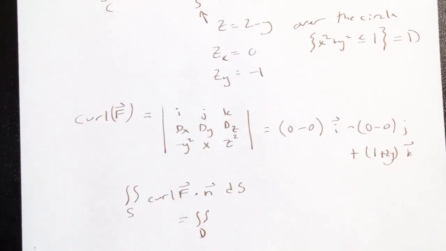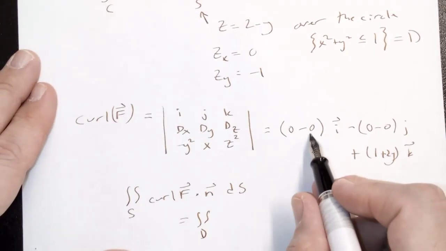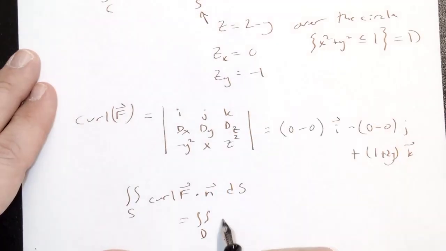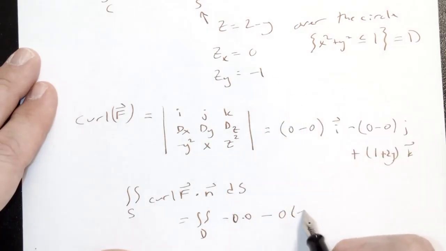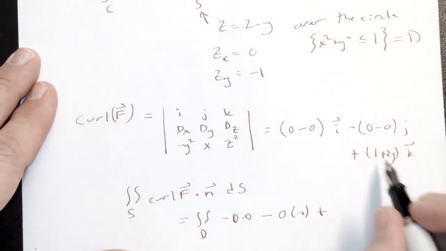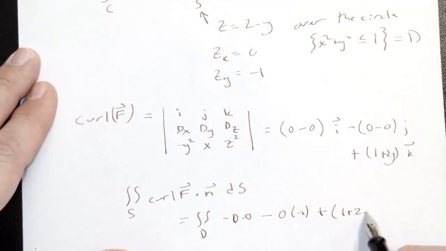And now I use that formula we just wrote down with the star on it. P times Zx. Well, P is 0. Zx is also 0. Minus Q, which is 0, times Zy, which is minus 1, plus R, 1 plus 2y, dA.